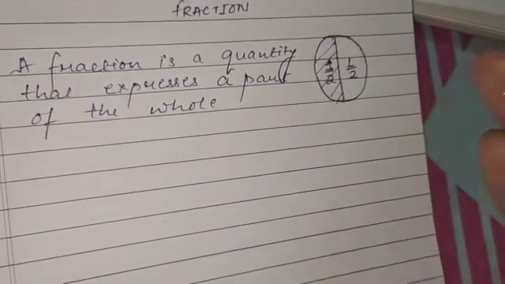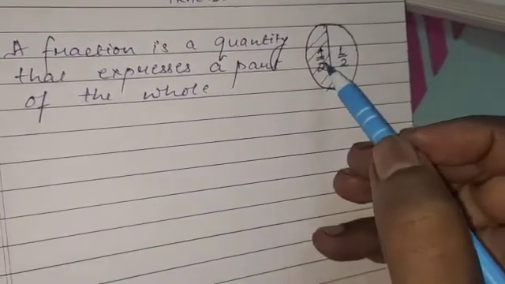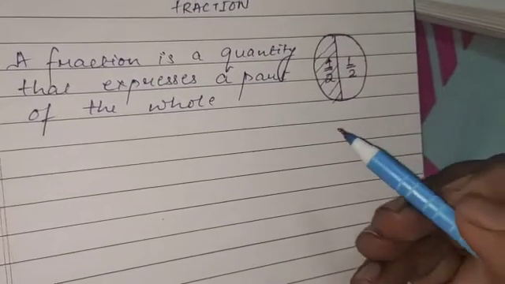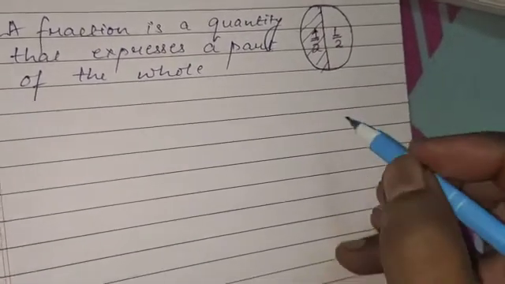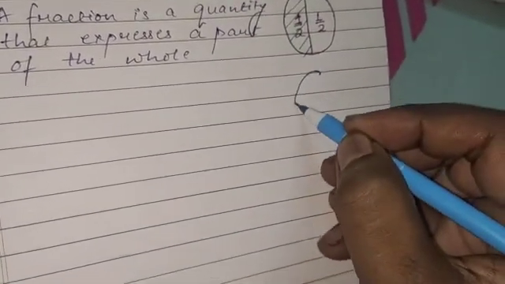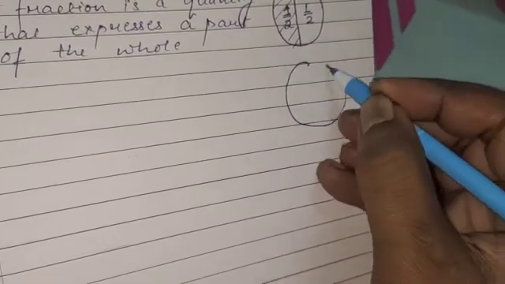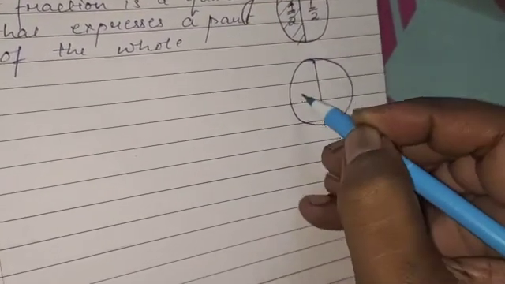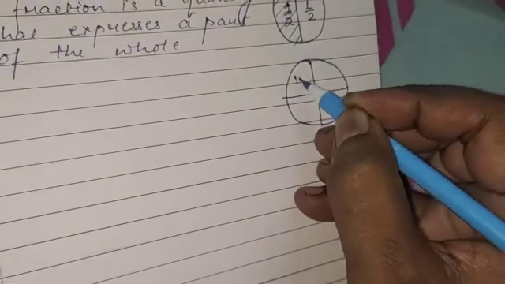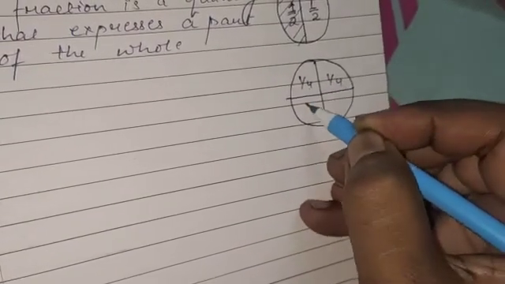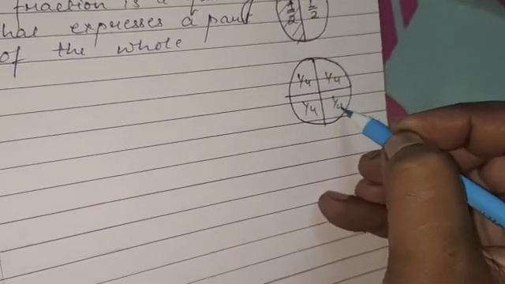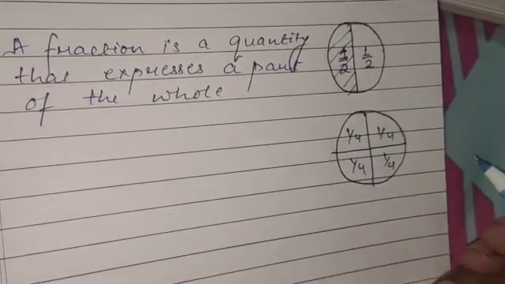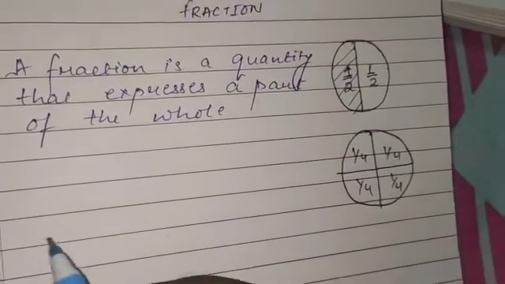If it was divided into 3 parts, it will be 1 by 3. If 4 parts, then it will be 1 by 4. If I divide this circle into 4 parts, it is 1 by 4, 1 by 4, 1 by 4 and 1 by 4. Understood? So this is called fraction.